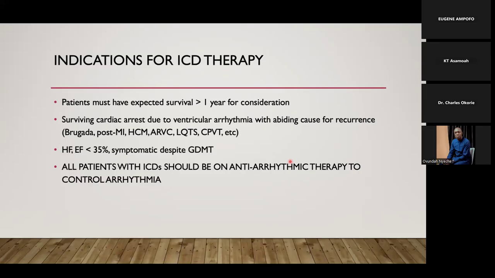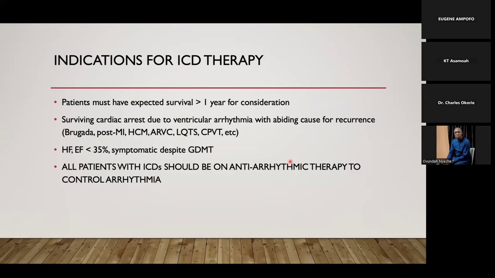Secondarily, for secondary prophylaxis, you have patients who have survived a cardiac arrest due to ventricular arrhythmia with a cause that you think will lead to recurrence. So this is usually for the heritable causes of arrhythmias like Brugada, hypertrophic cardiomyopathy, ARVC, long QT syndrome, CPVT, etc. And then post-MI as well, some people may have persistent arrhythmias after the 40-day period, for which reason you may want to put on an ICD.